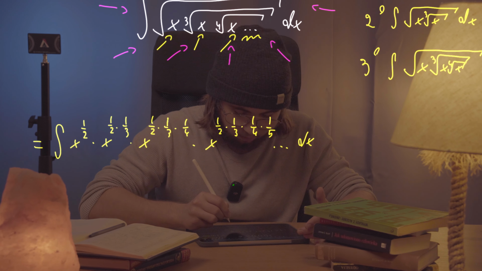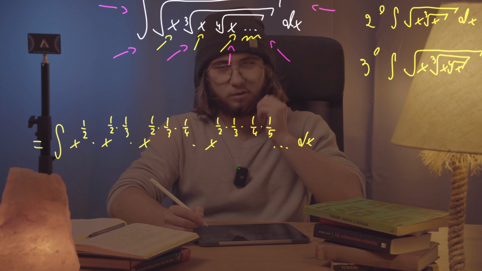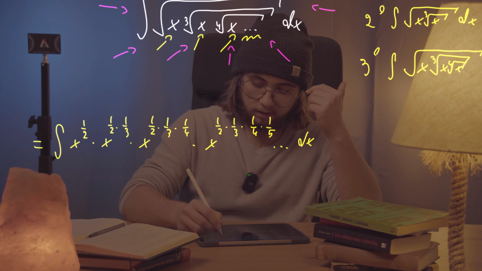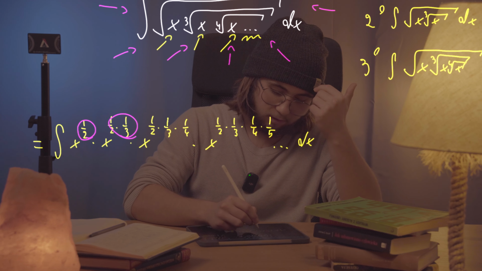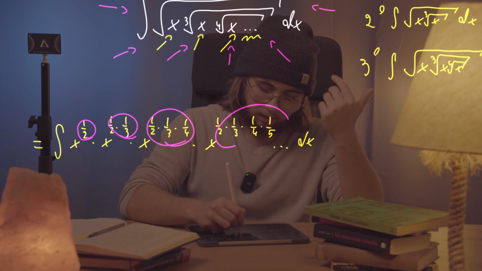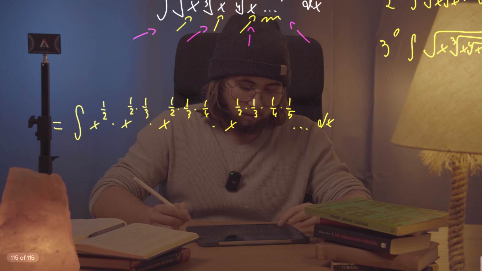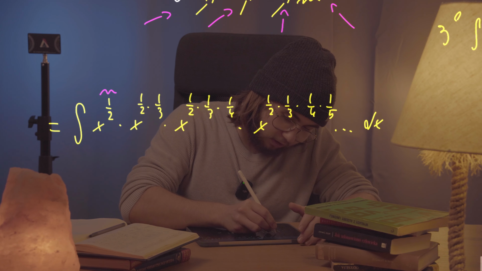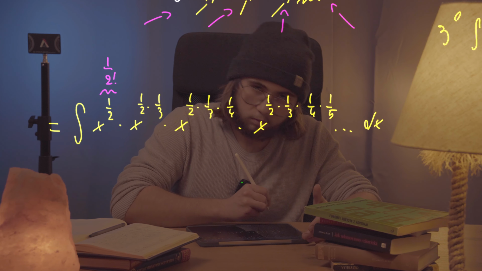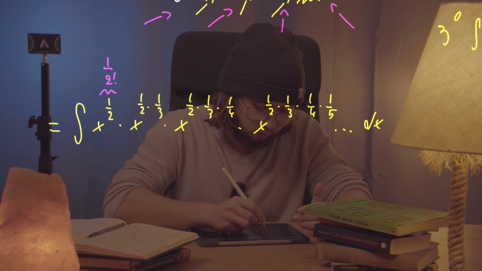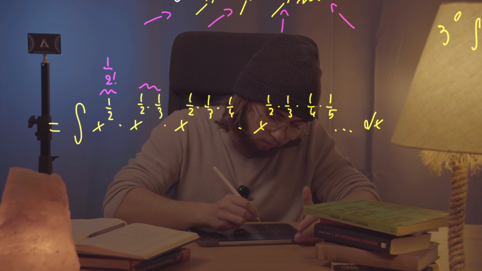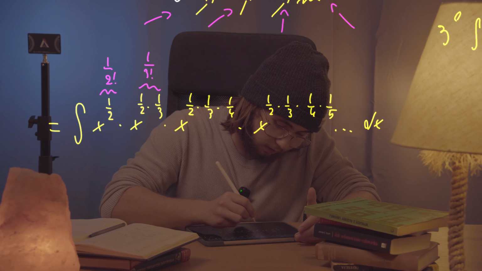But what are those exponents? Those exponents are a half, times a third, times a quarter, times a fifth. What is this? Well, this half is 1 over 2 factorial, because 2 factorial is just 2. This right here is 1 over 6, which is 1 over 3 factorial.